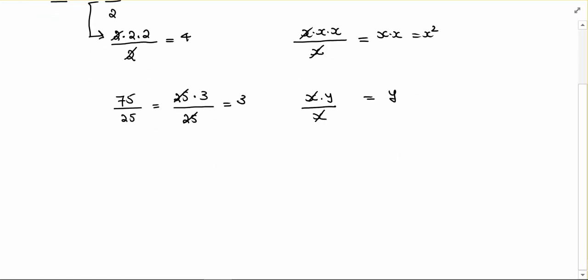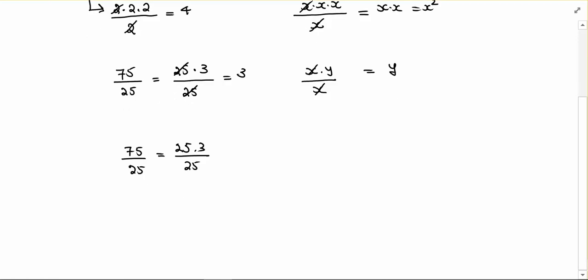Let's do another example. Let's look at 75 another way. Let's say this problem 75 over 25. Let's break this down as 5. Well, it is 25 times 3. That's correct. But let's break down the 25 as 5, 5, and 3, and then over here 5 and 5.